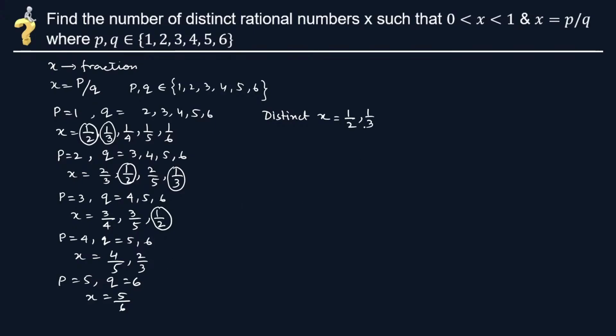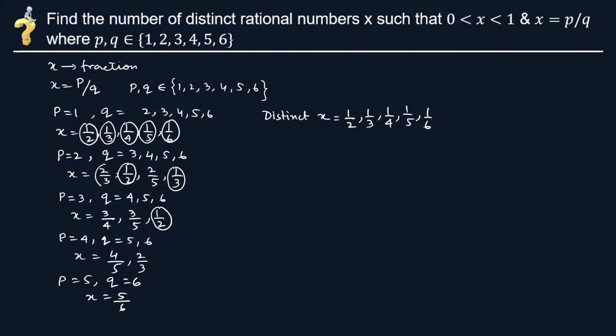So 1/3 will come once. 1/4 here, no more 1/4. So 1/4 is a distinct number. 1/5, again 1/5 is not coming anywhere. 1/5 is distinct. And 1/6, again, which is not common in any x. So they are all distinct x.